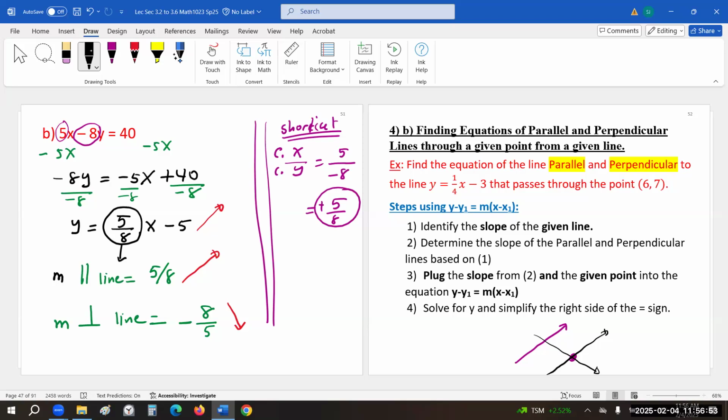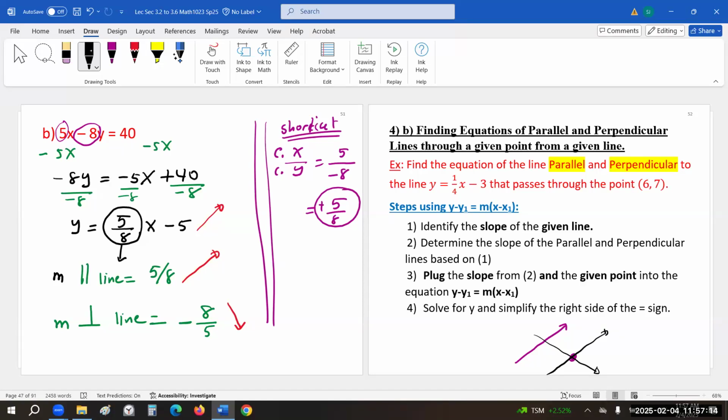So we have the slope of the line and the point for the parallel line and also for the perpendicular line. All you have to do is substitute that slope and the point into this format, and just like before, simplify once you substitute.